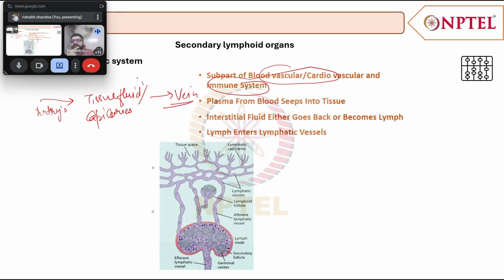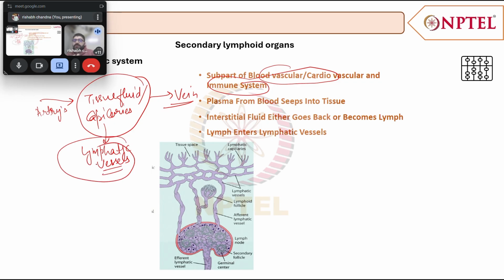Okay, so this tissue fluid from the capillaries is separate, and it leads to the different corners of our body. So these capillaries now filter out the blood into different lymphatic vessels.